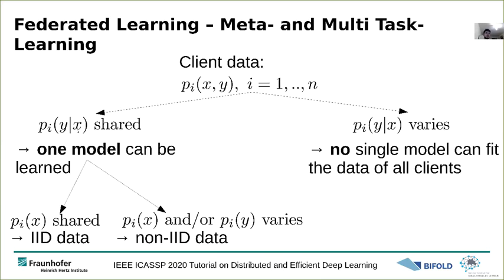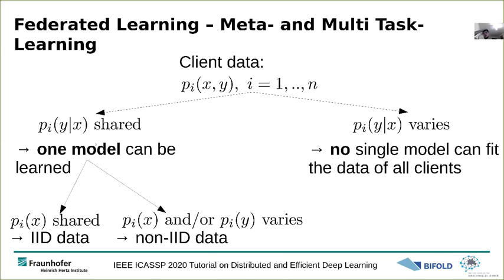In this case, usually one single model can be learned. And then we can talk about IID data if also P(x) is shared between all of these clients. Or we can talk about non-IID data in the classical federated learning setting where P(x) and/or P(y) varies, but the conditional distribution is still the same.